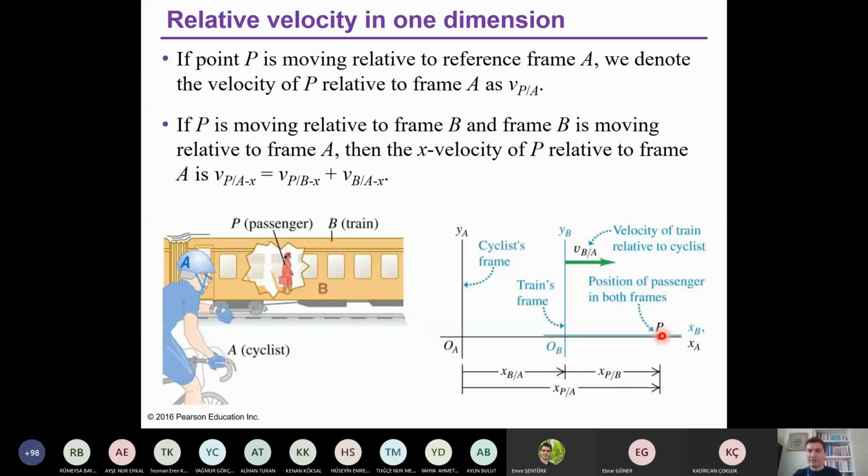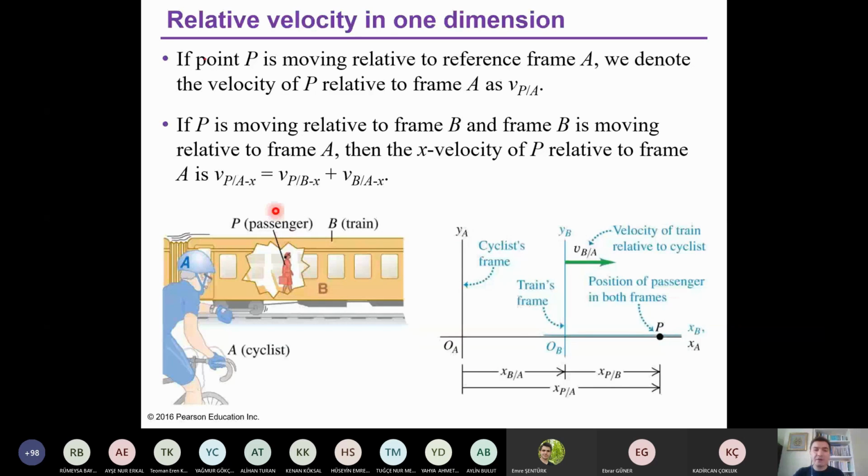This is the position of the passenger in both frames, in the frame of the train and in the frame of the cyclist. And this has a certain velocity. So if you are looking for the velocity of the passenger in the frame of the cyclist, then you have to write these two velocities: velocity of passenger in the frame of train plus the velocity of train in the frame of cyclist. Is it clear? Any question?